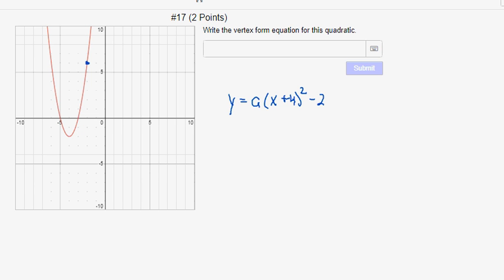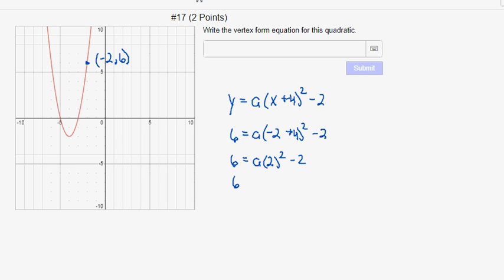So now we've got to say that 6, and we said -2, 6. So that y value 6 has to equal a times -2 plus 4 squared minus 2. So 6 equals a times 2 squared minus 2.